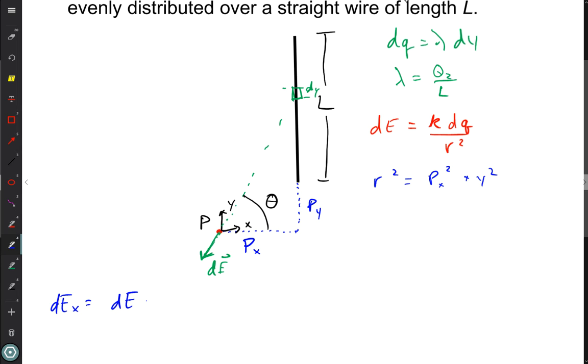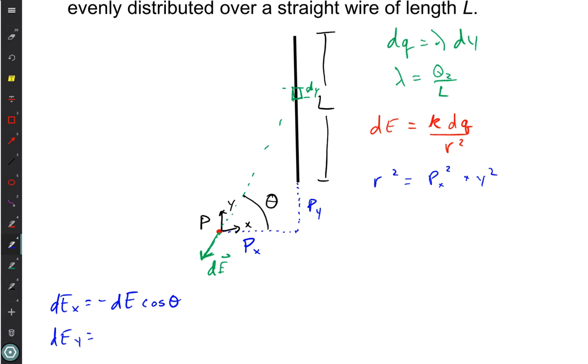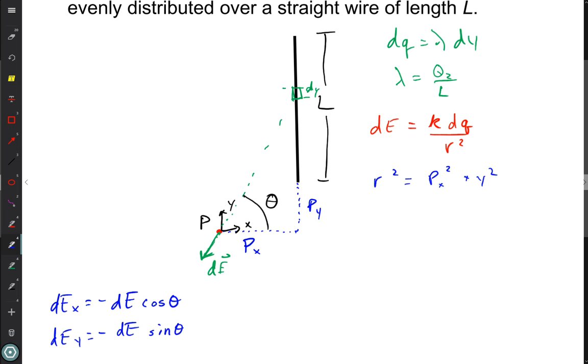Yep. So there's my dEx. And what about dEy? Okay, it's the same except you change it to sine. Because it's still down, so it still has the minus sign, but now sine for the opposite side. Okay, so that wasn't hard.